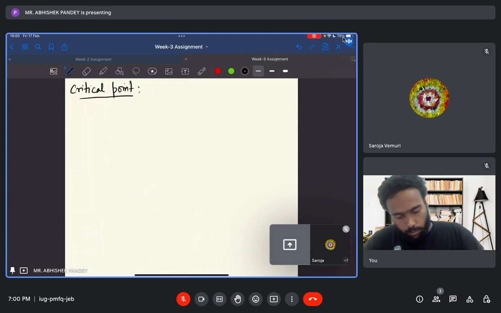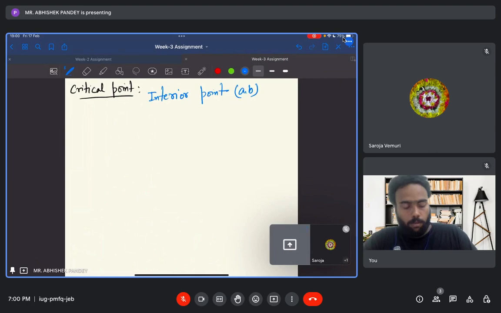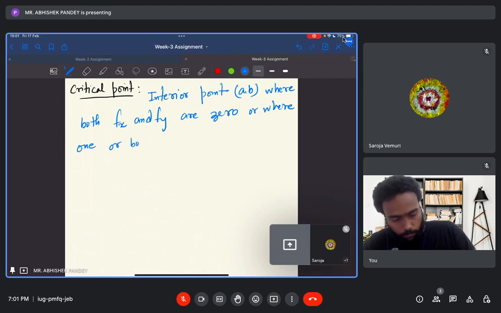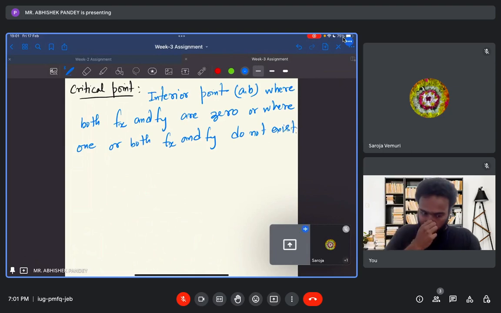Take an interior point a comma b where both fx and fy are 0, or where one or both of fx and fy do not exist. So such a point is called a critical point.